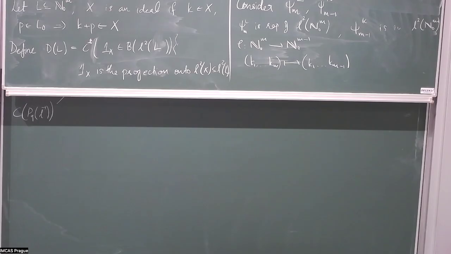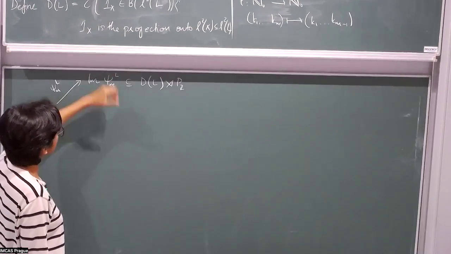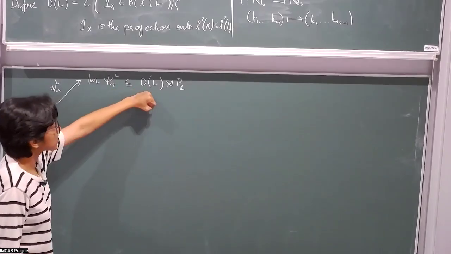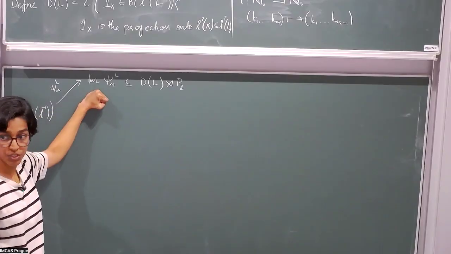And you can show that these diagonal operators are also going to be contained in this cross product. So in fact, you are embedding this cross product into B of L2 of L in such a way that it contains the image.